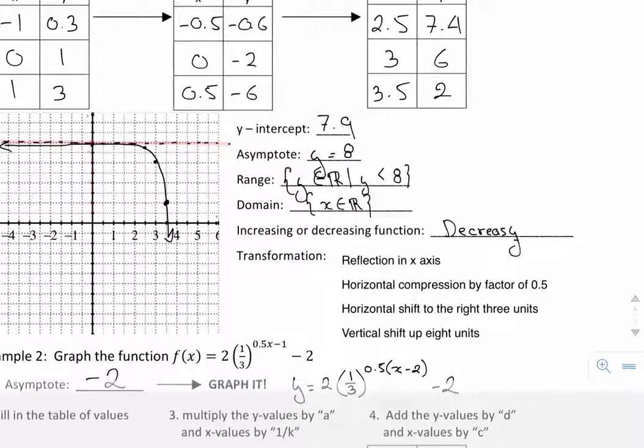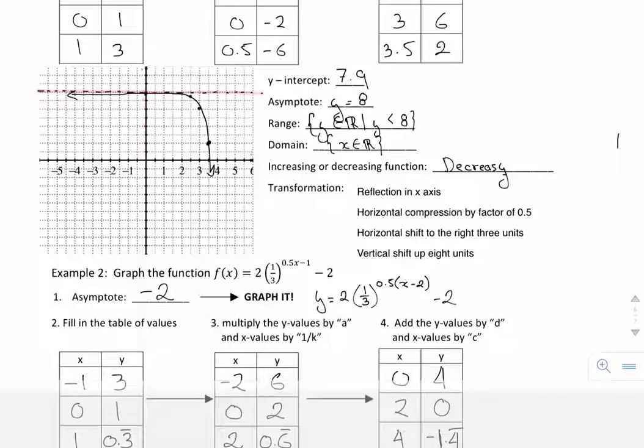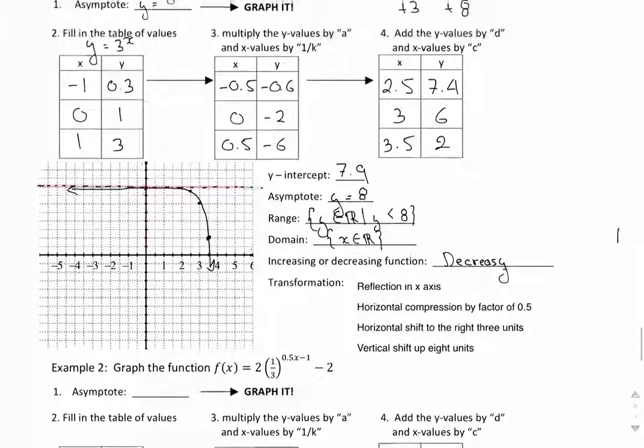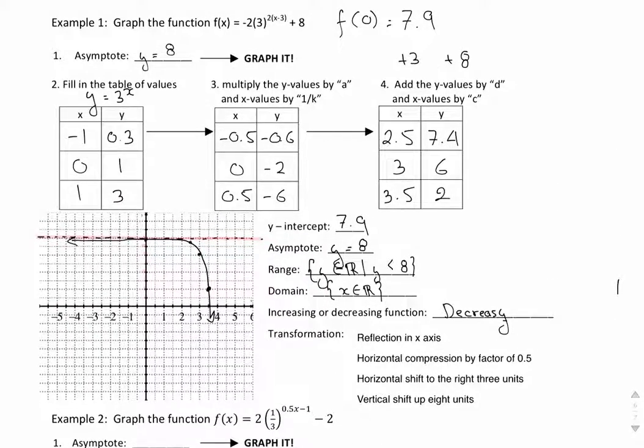And finally, I have listed all my transformations, the ones that are going on here in this portion. Okay, so we have a reflection, compression by a factor of 0.5, horizontal shift to the right 3 units, and a vertical shift up 8 units. And there is your example number 1.